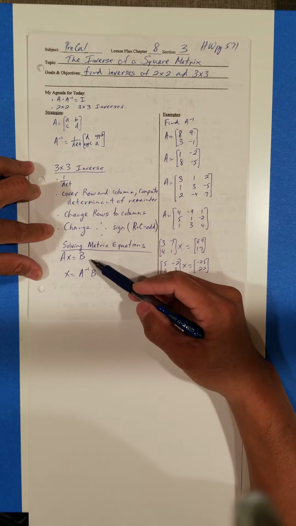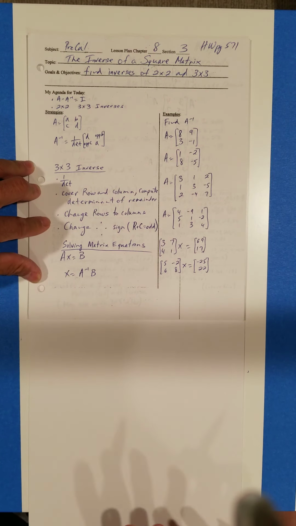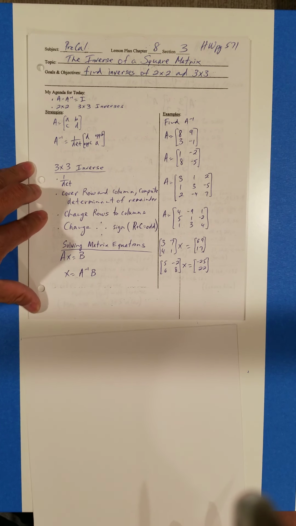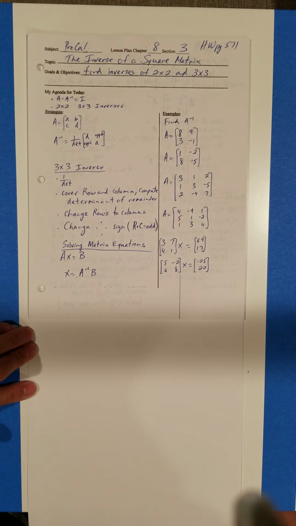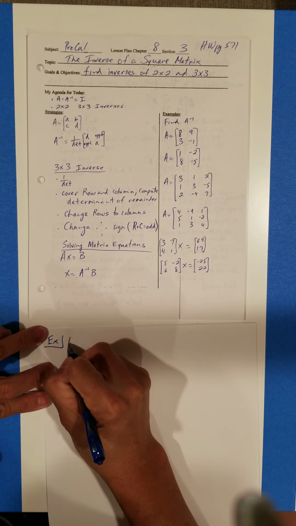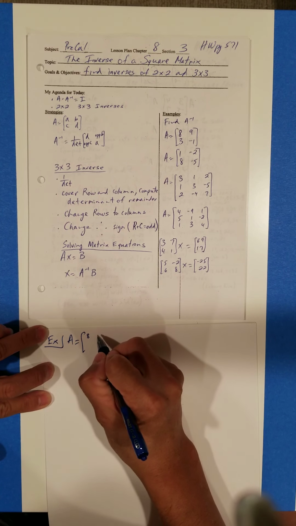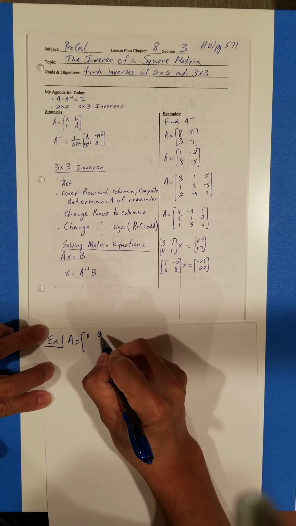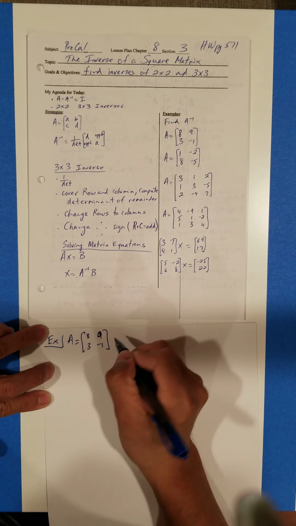And then we're going to use matrix inverses to solve equations, okay, systems, or just plain old matrices. So for example, if you have a 2 by 2, like this guy here. Let's say our A matrix is 8, 9, 3, negative 1.